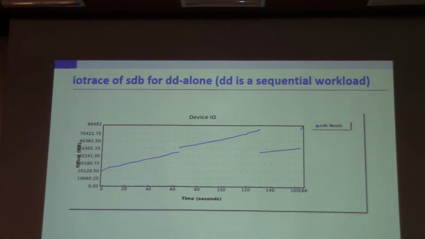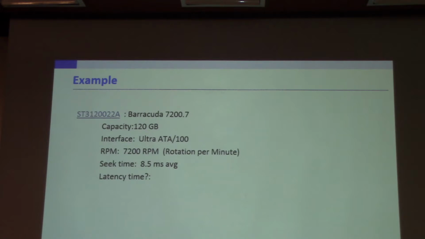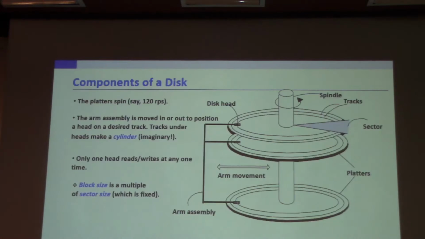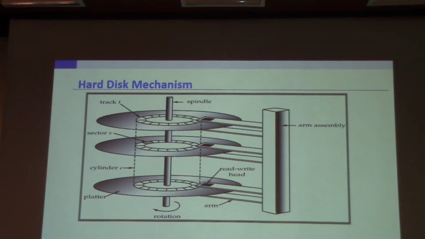Okay? Then there is a rotation delay, which is, even if you're aligned with the track you want to read, the first sector from the page you're trying to read might not be right under the head of the arm yet.